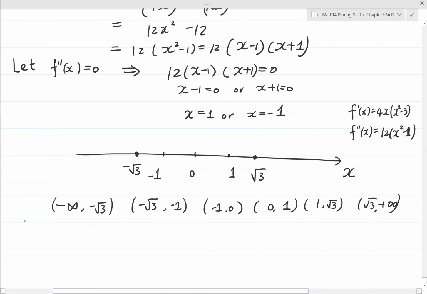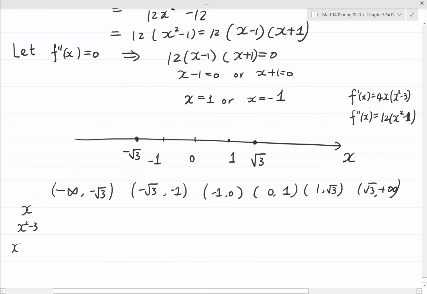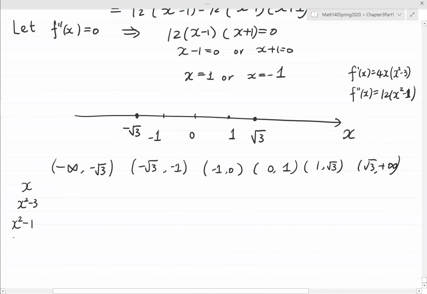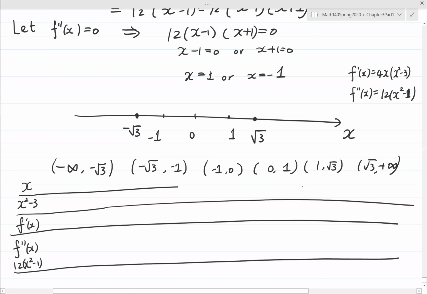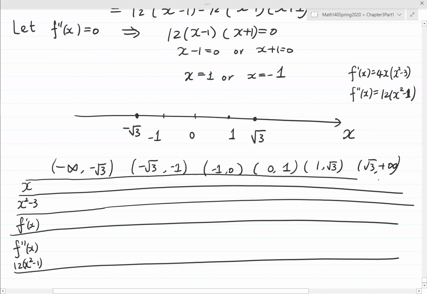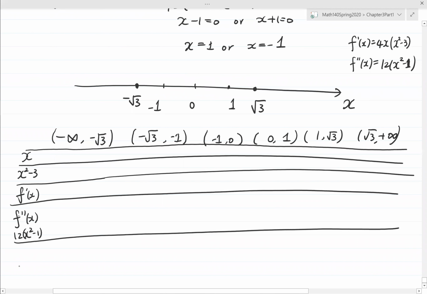So here x squared minus 3, and x squared minus 1. Okay, let's plot this table.